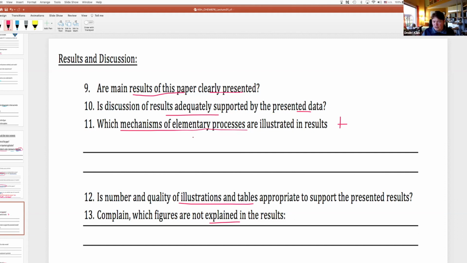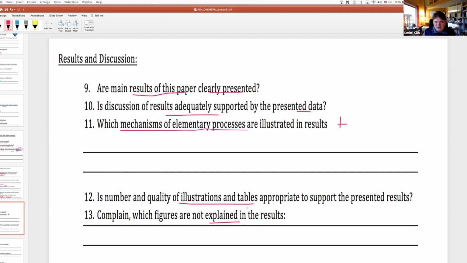It's an elementary process. So if the author makes an attempt to dissect observations into some mechanisms of processes, give a plus, give credit to the author.